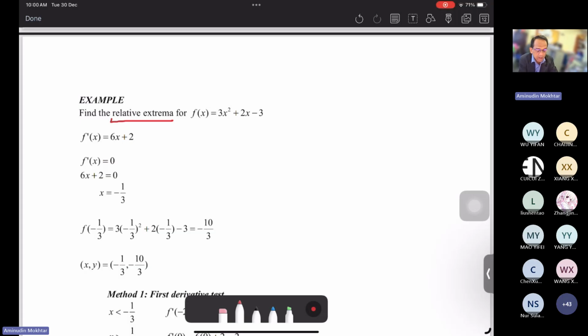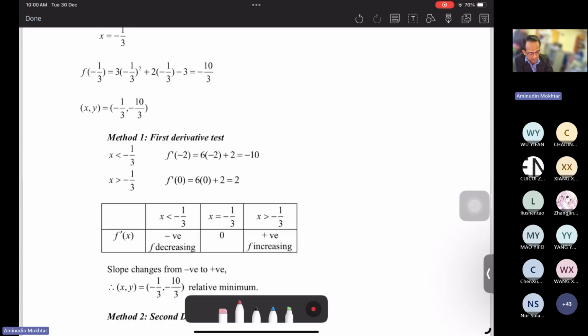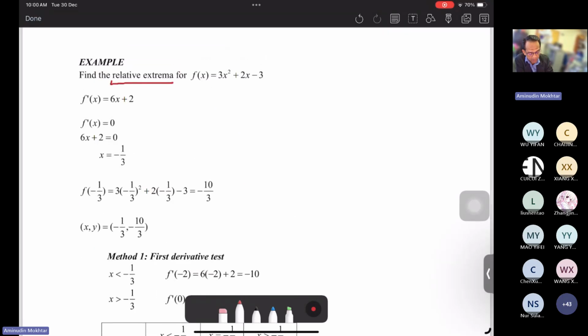We can apply the first derivative and second derivative to determine this. I will show you how to find this point. Please refer to page number 8.